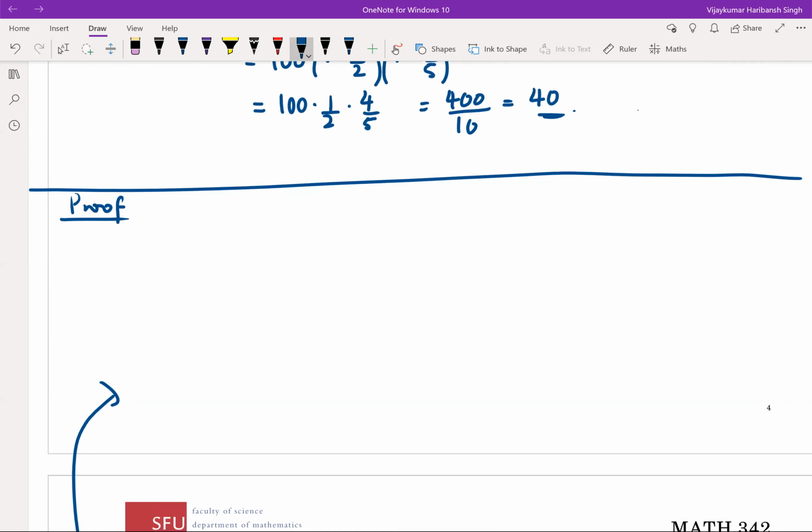So consider the prime power factorization of n. We have n equals p1 to the power a1, ps to the power as.